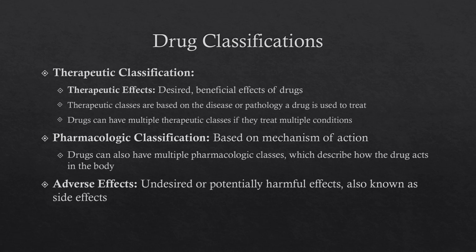And then our pharmacologic classification is based on mechanism of action. So this is how the drugs work in our body. And drugs also can have multiple pharmacologic classes. And then a big one we need to understand as nurses to educate our patients is adverse effects. These are the undesired or potentially harmful effects, also known as side effects.